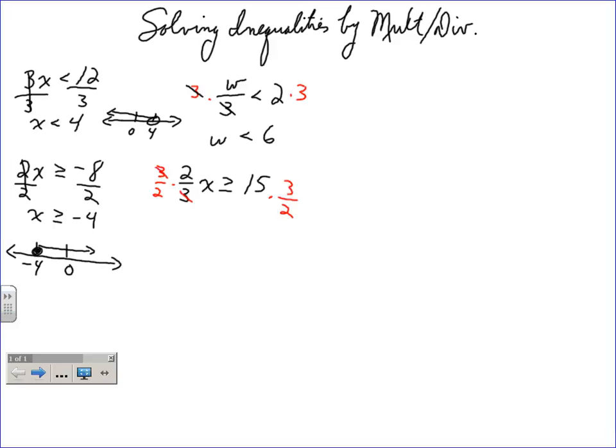When we multiply a number by the reciprocal, we get 1. And when we multiply the right side by the reciprocal, we're just going to multiply across the top. We can put this over 1 if we want. 15 times 3 is 45, and 1 times 2 is 2. We can write it as 45 over 2.